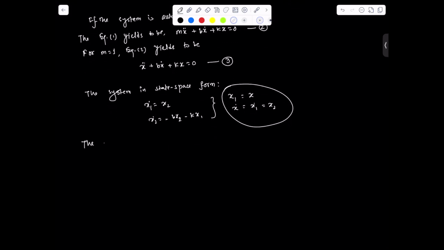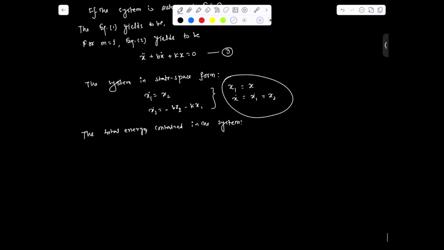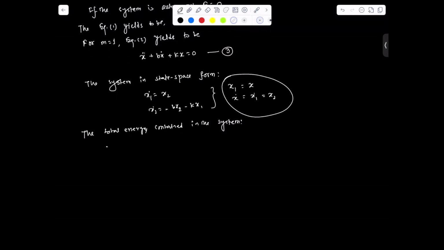We can write the total potential and kinetic energy, the total energy content in the system. It's defined by V of x1, x2. So V is the total energy in the system.